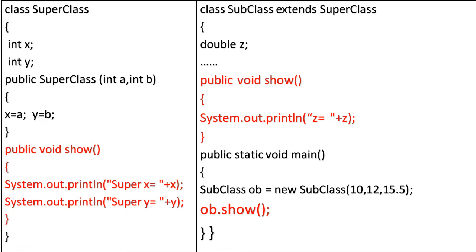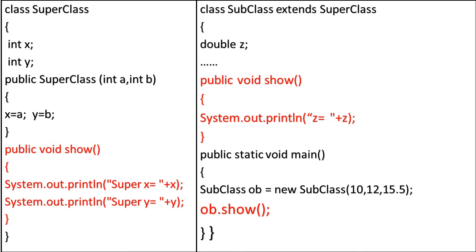So public void show, and System.out.println we are writing. So you can see the function name show is same as the function show in base class. Name is same.